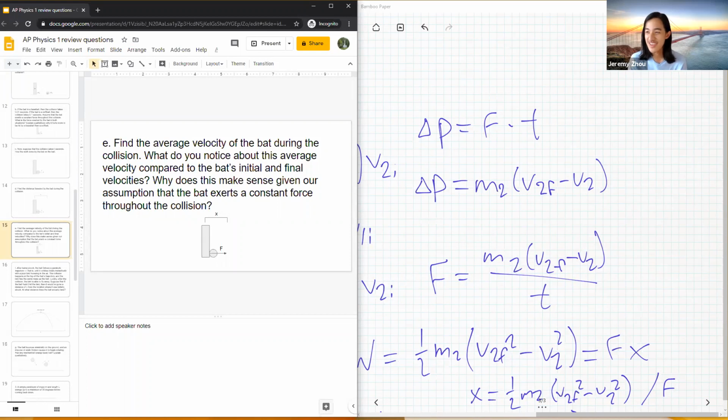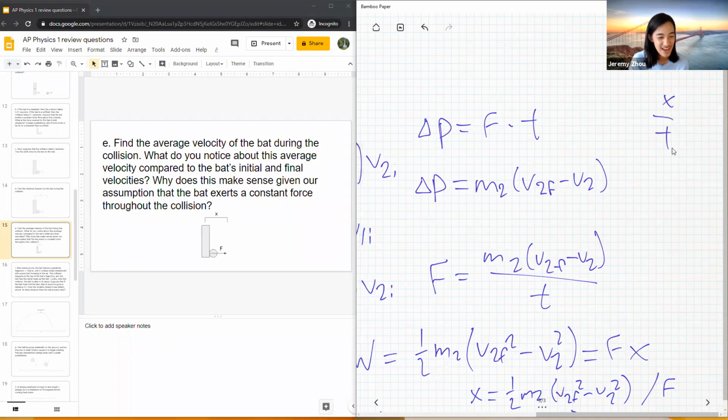Okay, let me explain. Average velocity is total displacement over total time, right? Yes. So if we take our expression for x and divide it by t, I think it's kind of hard to write here. No, that's not what I wanted you to do. See, this is what I meant.